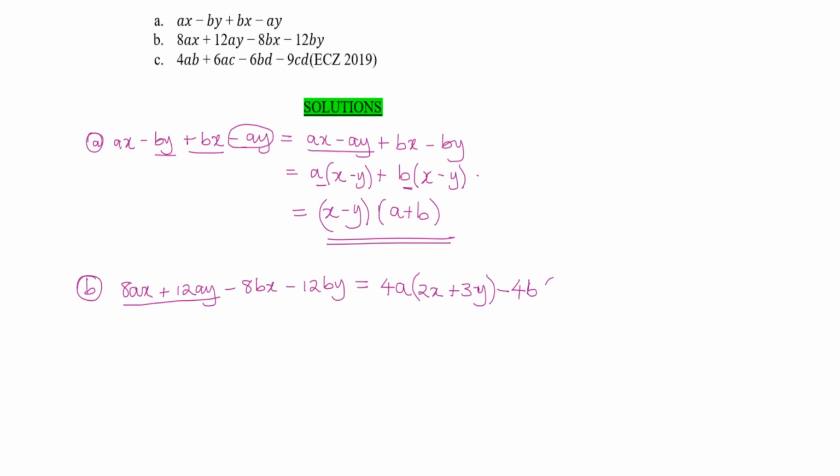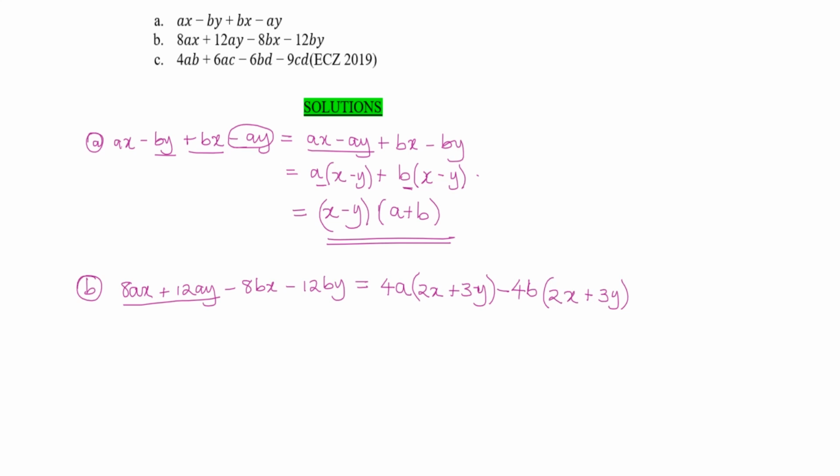So you can open the bracket, and say 8bx divided by 4b just gives us 2x. When dividing this one again, you look at the minus, so this minus has already been factorized, that's why this one is becoming positive. So we'll say 12by divided by 4b is just a plus 3y.